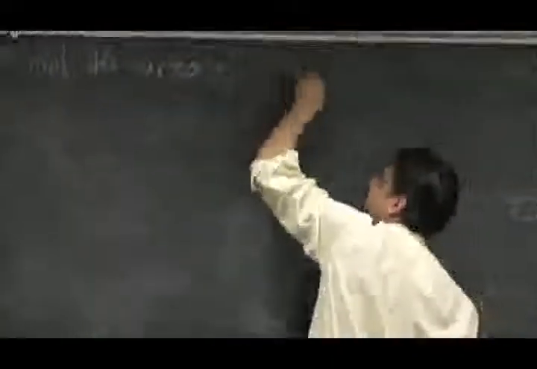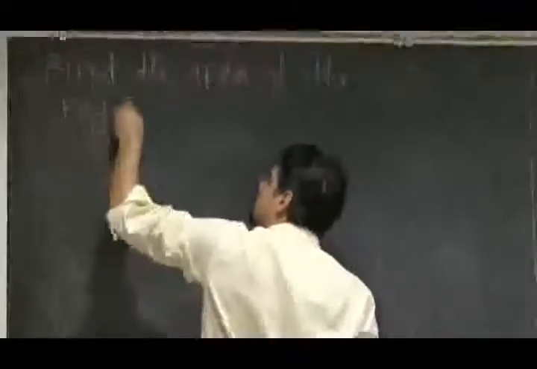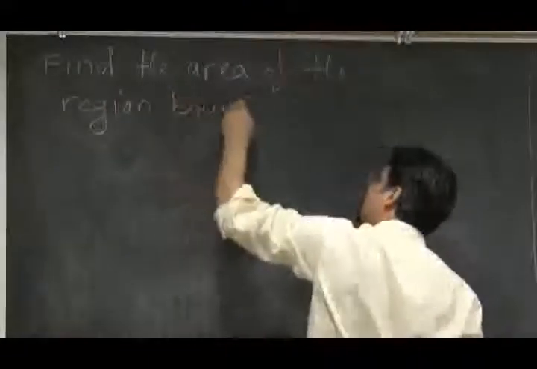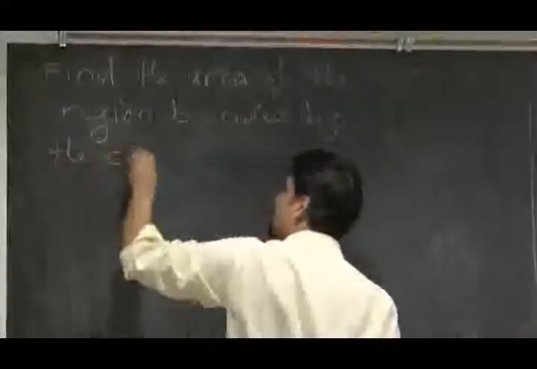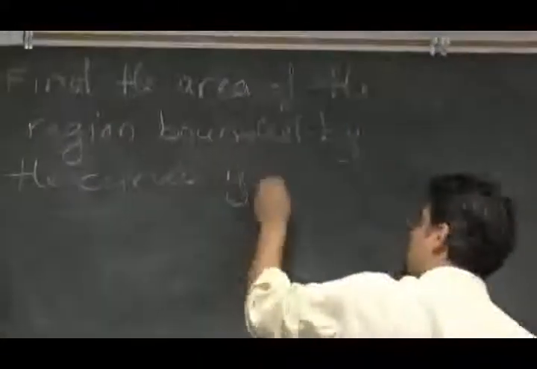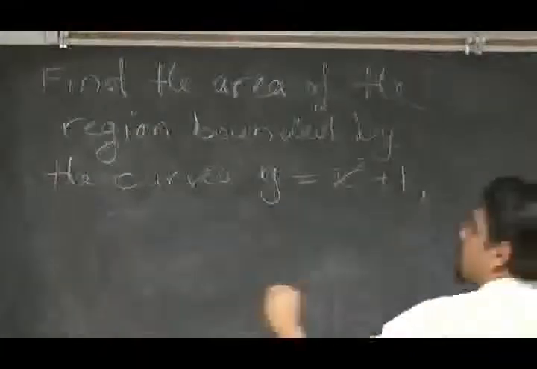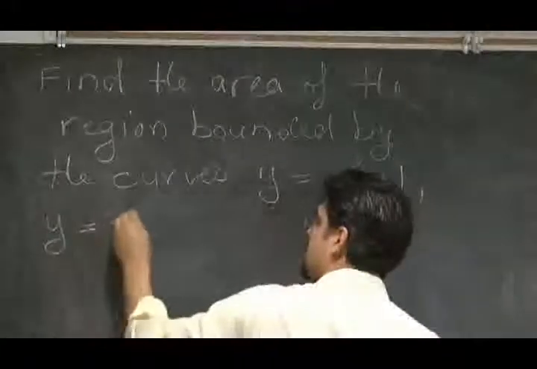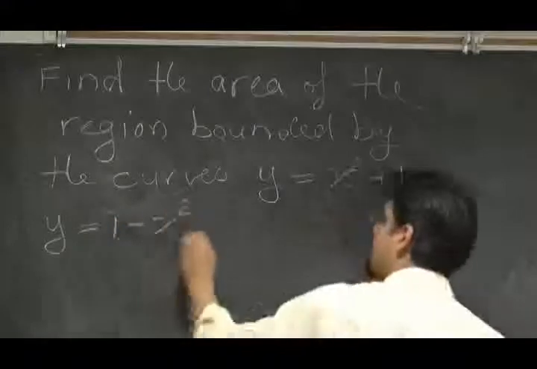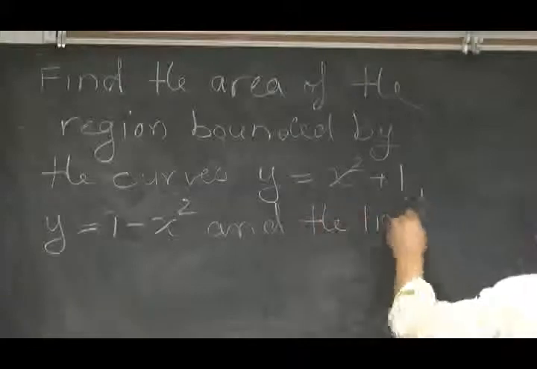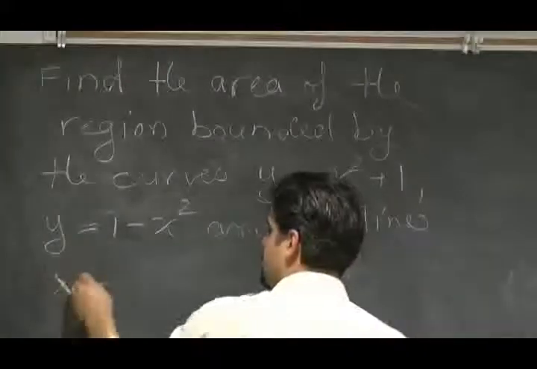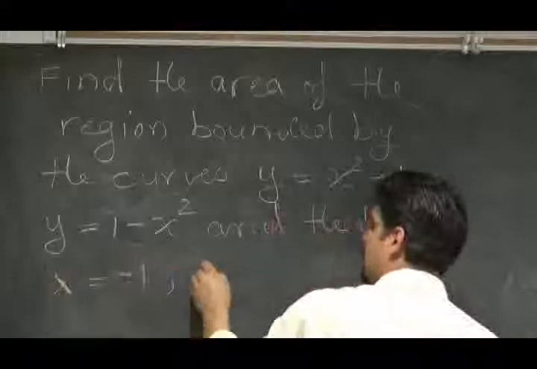Find the area of the region bounded by curves y equals x squared plus 1, y equals 1 minus x squared, and the lines x equals negative 1, x equals 1.